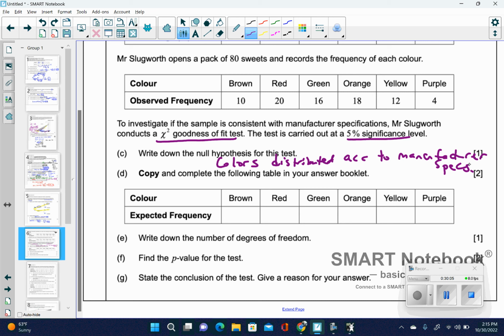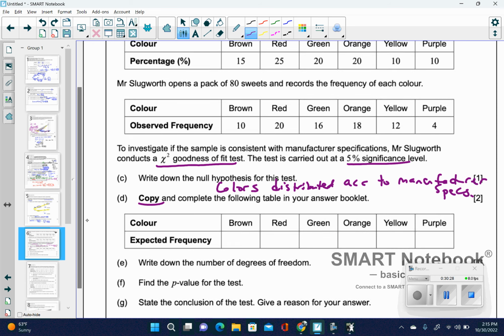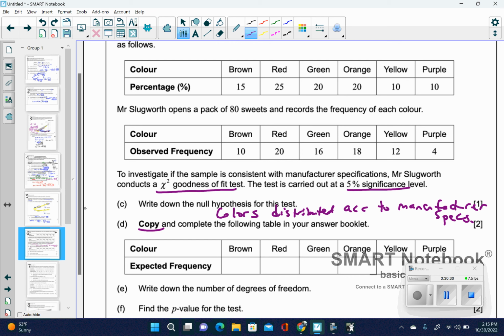So now we are going to copy and complete the following table in the answer booklet. Remember that your answers for paper 2 have to be on a separate sheet of paper, so when it says copy and complete, you have to actually copy this table and complete it. Okay, so let's go ahead and figure out how we get this. He's opening up a bag of 80, right?